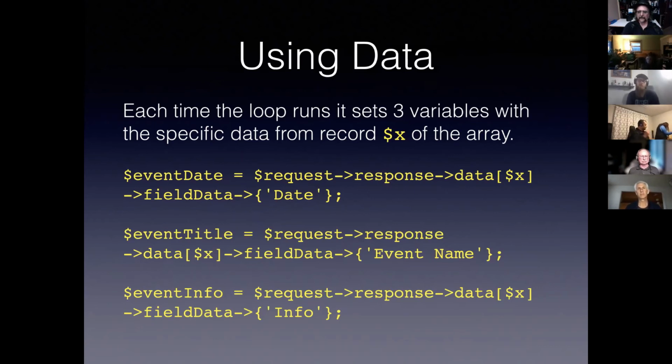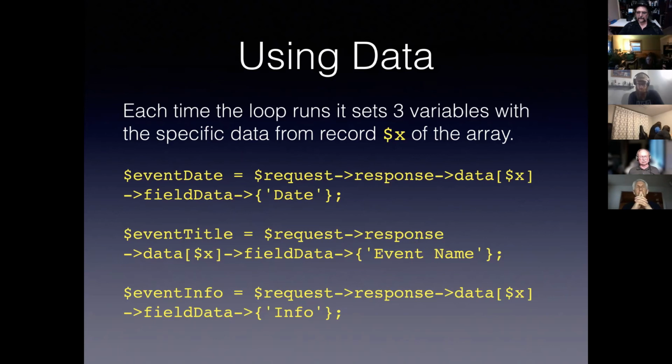Event date is going to pull the field data for date out of record 0 when x equals 0. It's also going to get the event title from the field data event name for record 0. And likewise with the info field.